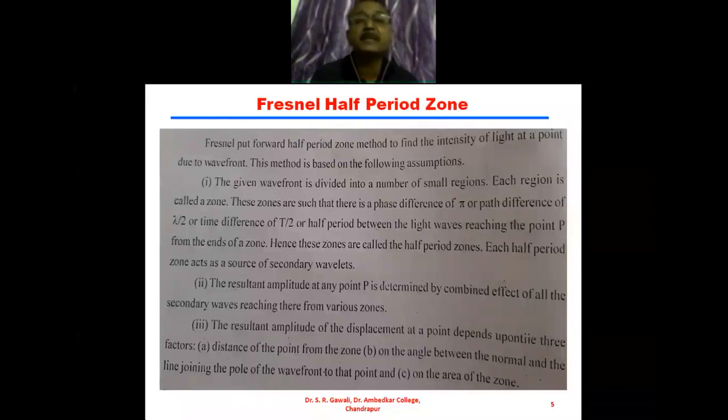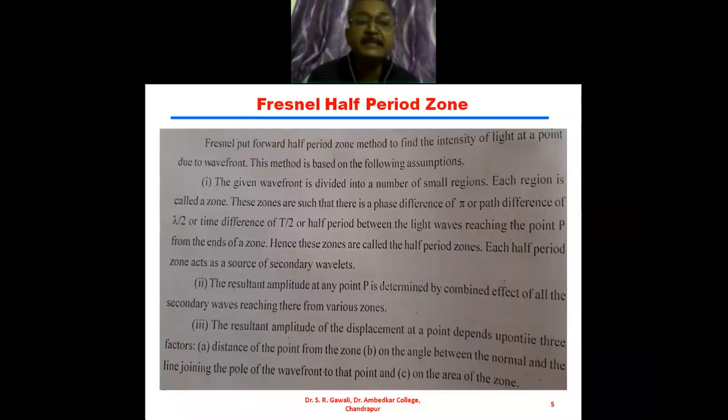Sometimes the question can be asked why the Fresnel zones are called half period zones. Because the time difference between the two waves is T by 2, half period, or the path difference between the light waves reaching the point P is lambda by 2, a phase difference of pi.